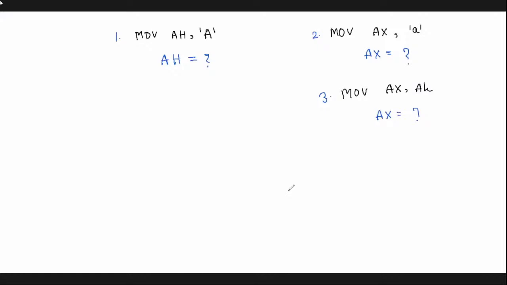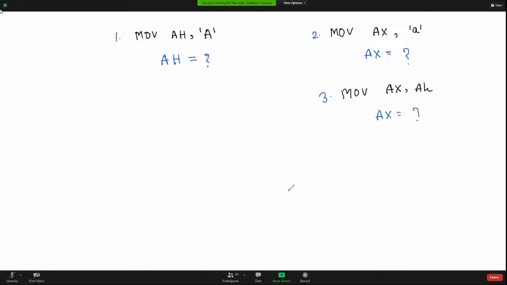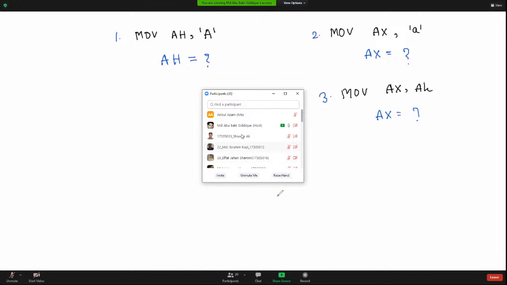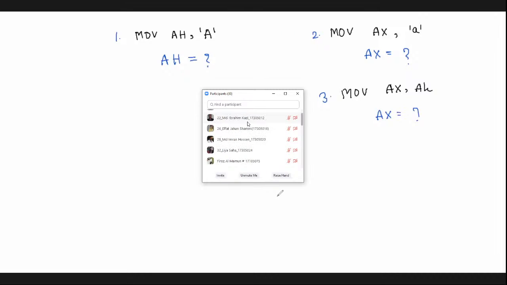Okay, I think there is some problem. Okay, no problem. You can mute your microphone. Okay, Ronnie, how are you? Ronnie Rani is not there.